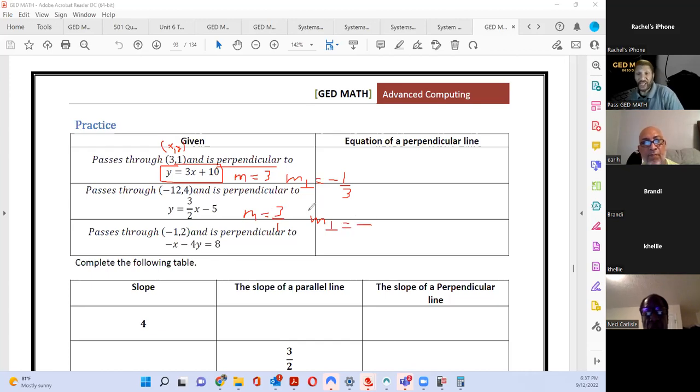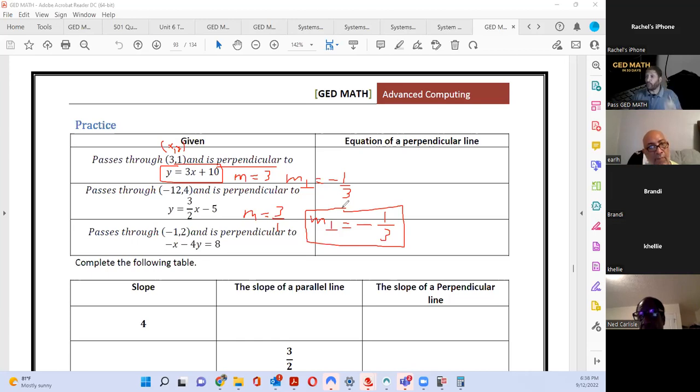We take the reciprocal, 1/3. So the slope of the perpendicular line is -1/3. So this is why I made those flashcards, and this is why I made the assignments in the ebook. You should be able to tell the slope of a parallel line given an equation, and you should be able to find the slope of a perpendicular line given an equation.